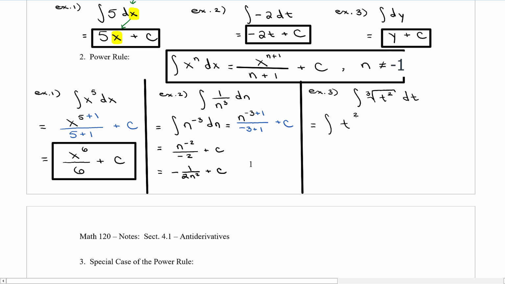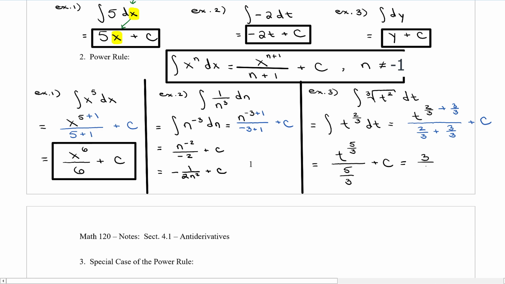This is going to be equal to the integral of t raised to the 2/3 power dt, which is equal to t raised to the 2/3 plus 1, but instead of 1, I'm going to write 3/3, all over 2/3 plus 3/3. And then remember there's a plus c out to the side. Now let's go ahead and simplify this. This is going to give me t raised to the 5/3 all over 5/3 plus c.